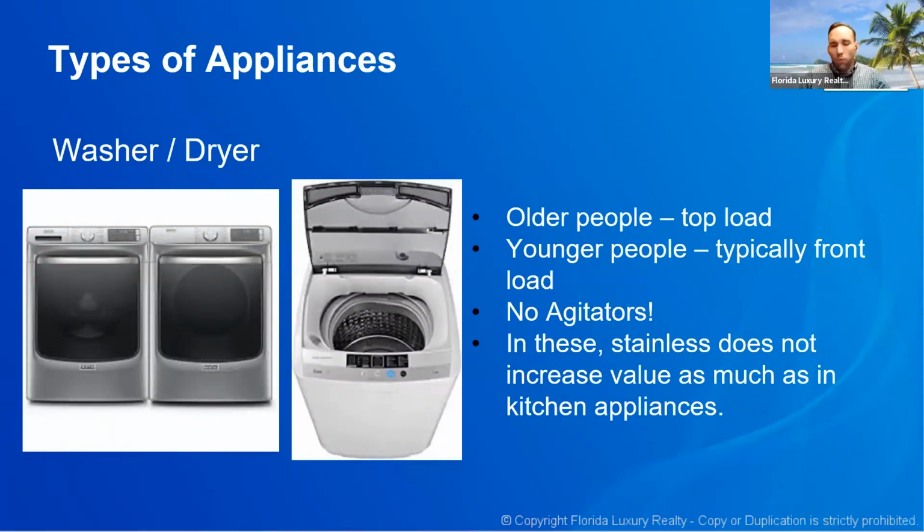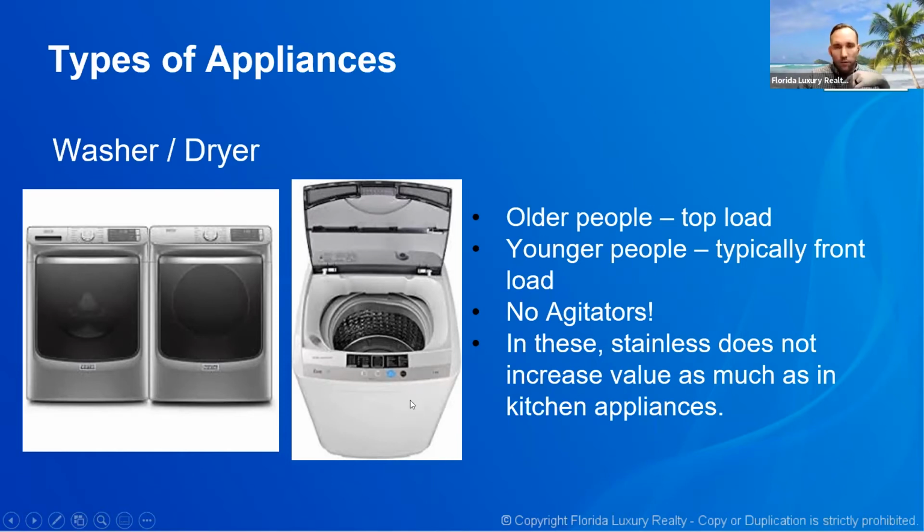Now, when it comes to washers and dryers, understand that washers and dryers do not always stay in the transfer of a home, okay? So I was a little bit hesitant to even put these in here, but I wanted to touch on it because I feel like you guys deserve to know. Older people still want their top load washer and dryer. They just do, well, not dryers.